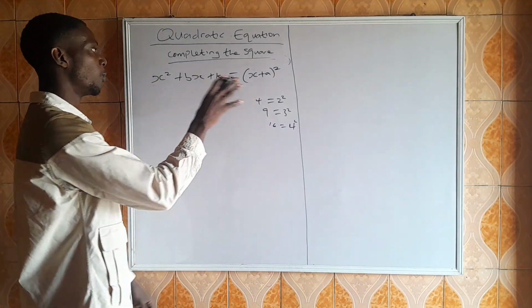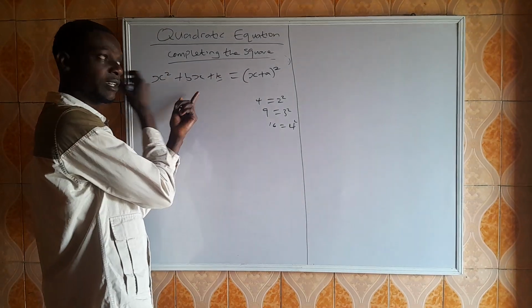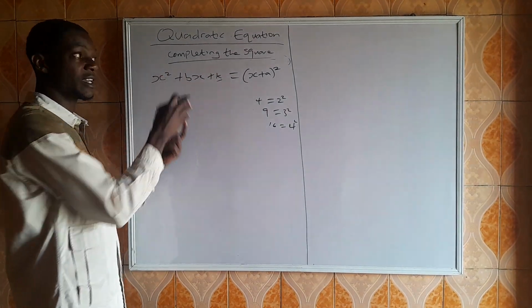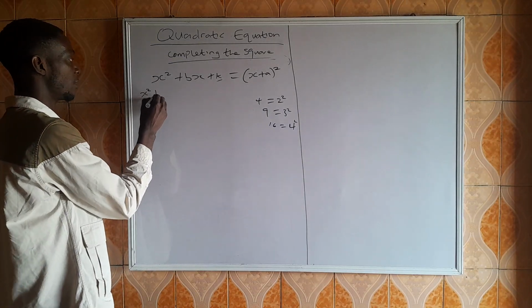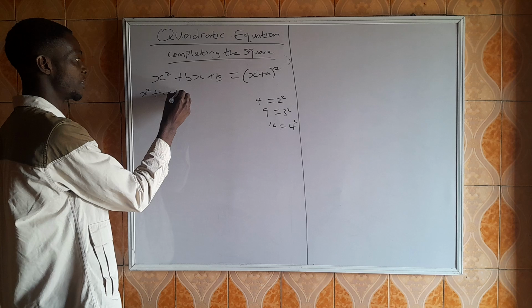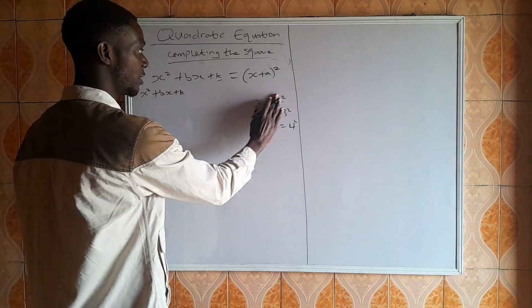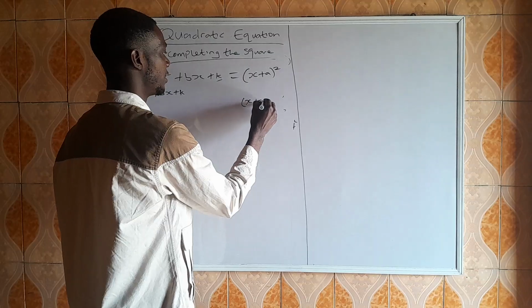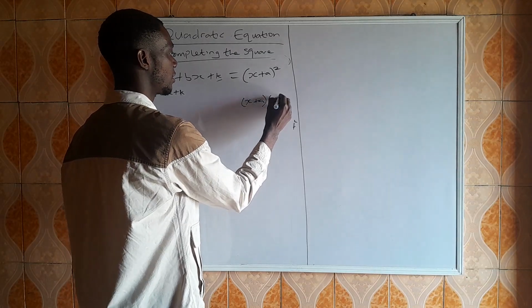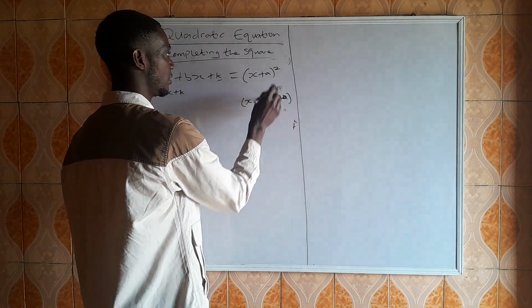Now, we want to look for the value of this k that will make this expression a perfect square. So you can have this s squared plus bs plus k. And when we expand this expression, if you have s plus a and s plus a, they're saying the same thing.